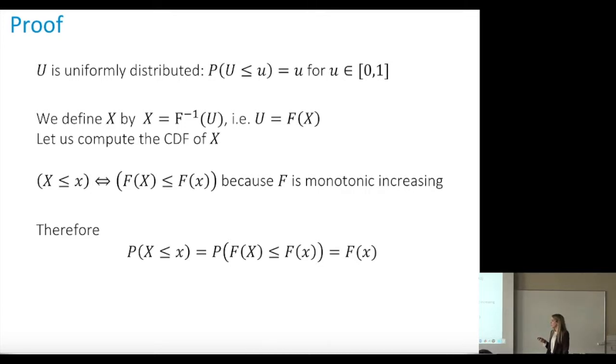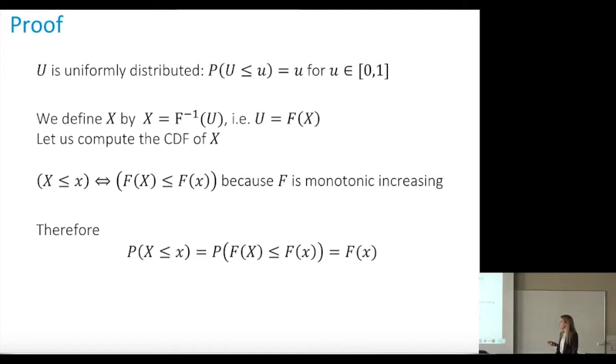Then we know that we have defined x equal to f inverse evaluated at u. Therefore, u is equal to f of x, taking the transformation with f. And then, since f is a CDF, it is monotonically increasing. Therefore, if we have the inequality x less or equal than x small and we apply f, the sense of the inequality doesn't change.